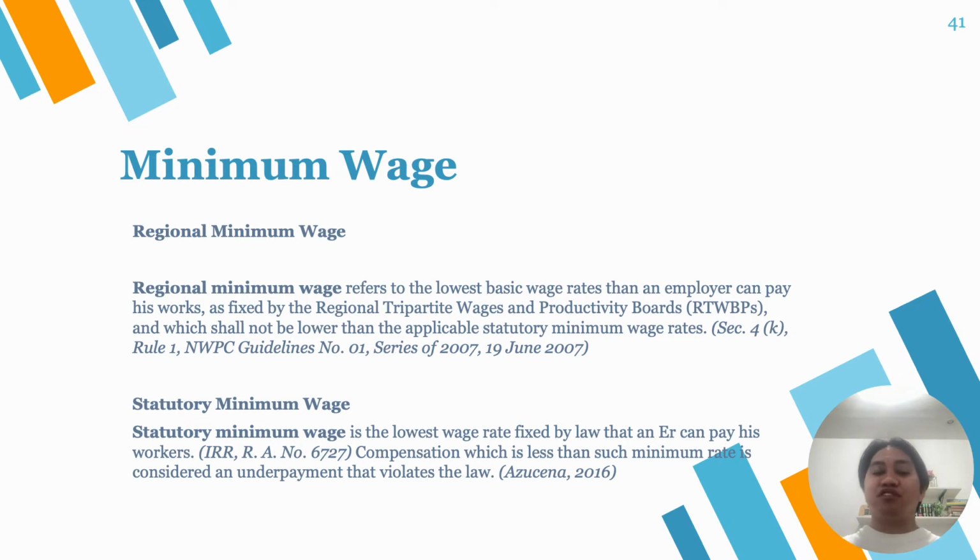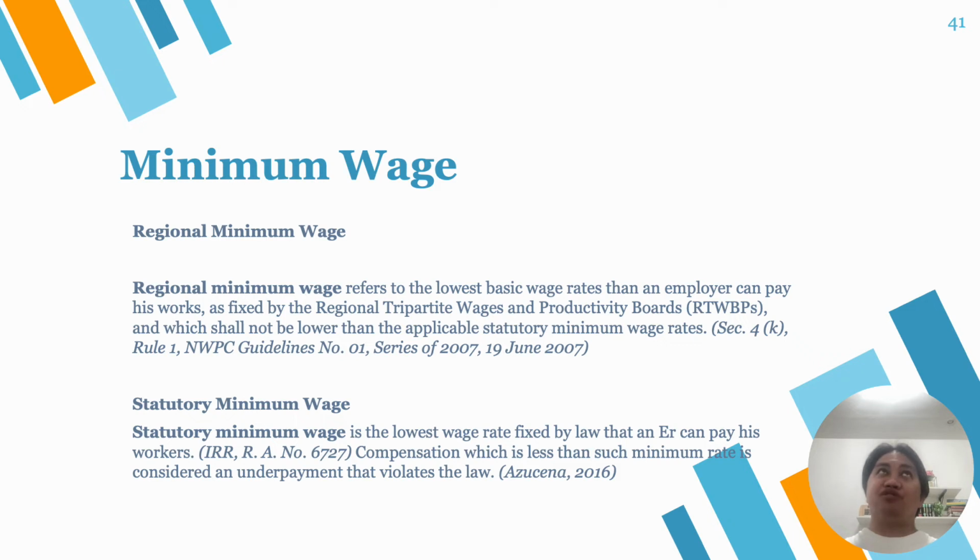So while we have the statutory minimum wage, it's supposed to be the lowest, each region will then have its own regional minimum wage, which cannot go lower than the statutory minimum wage. In other words, we have the floor here, which is the statutory minimum wage. That's already the lowest that you can actually pay. So going down the statutory minimum wage is tantamount to underpayment, which is a violation of the law, which is illegal.